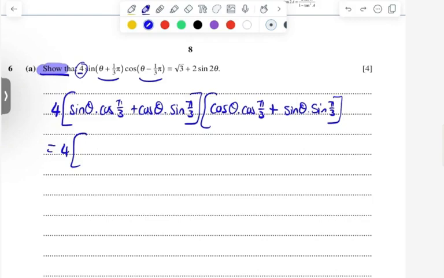Cos pi/3 is a half, and sine pi/3 is going to be root 3 over 2.